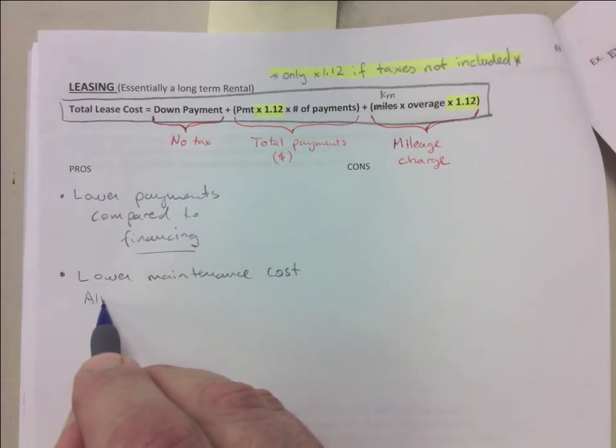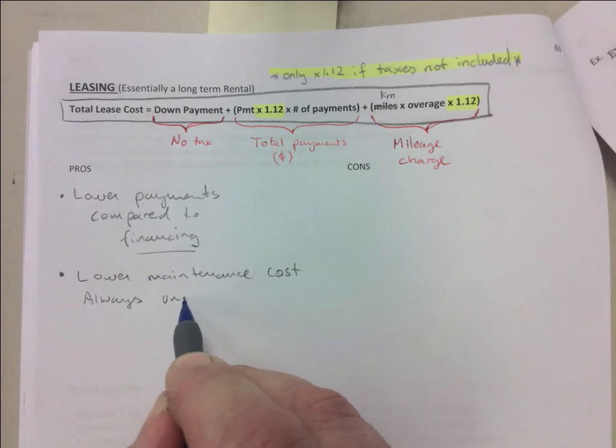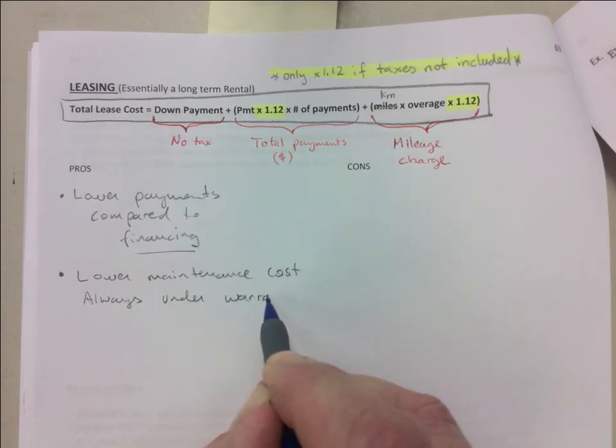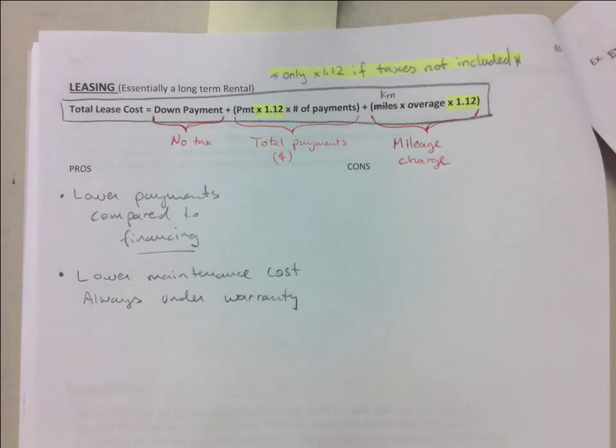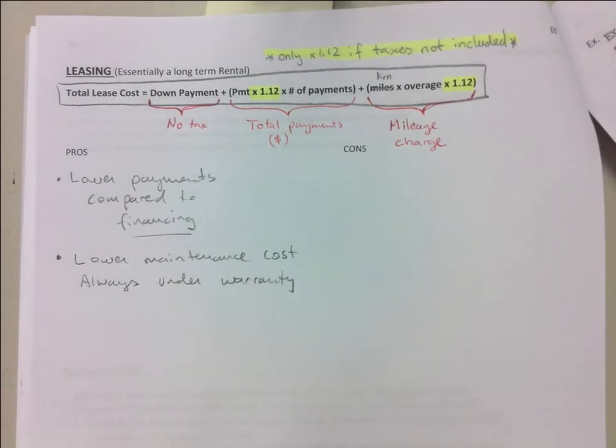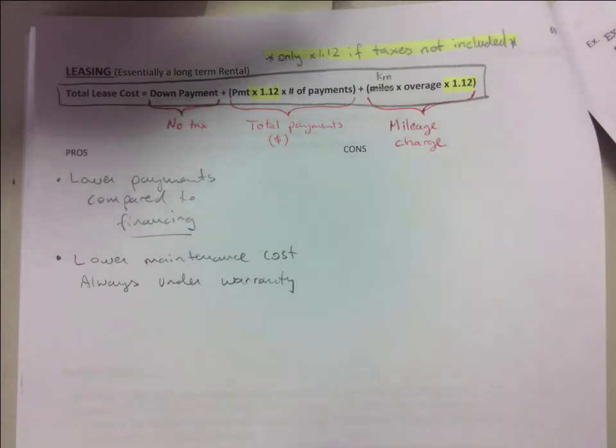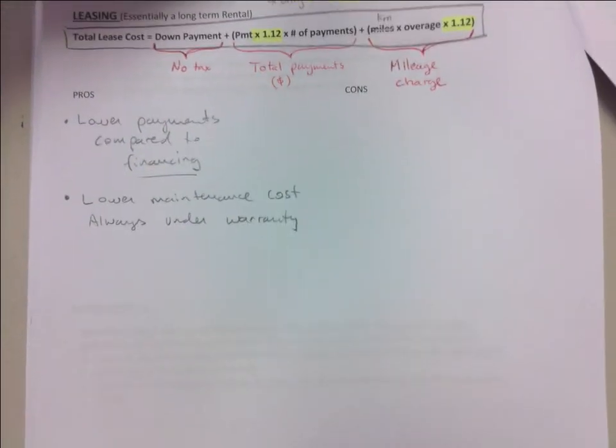Always under warranty. So if you keep leasing, if that's what you're going to do over and over again, your maintenance cost is going to be lower for sure.